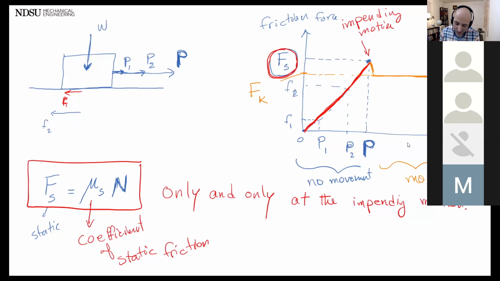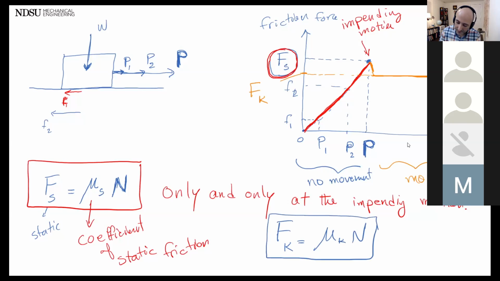That one is also, we refer to as mu k N. Okay. This one is coefficient of kinetic friction. All right. So now here's a question. Why is Fk smaller than Fs?